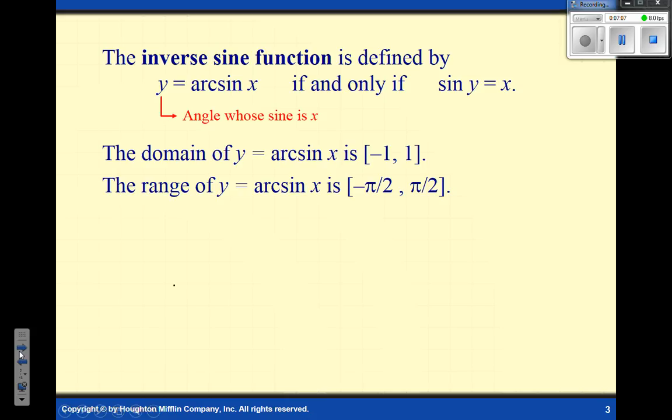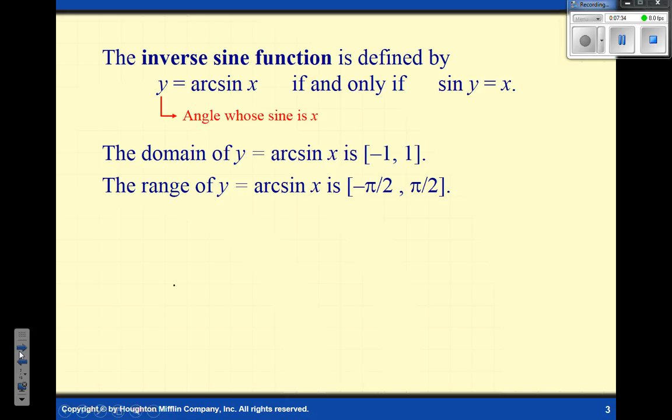So why is that not the range? Why can I not make my range for an inverse all real numbers like I had the domain before? Because I had to restrict it to negative pi over 2 to positive pi over 2 so that I have a one-to-one function. And what that means is it passes the vertical line test and it passes the horizontal line test.